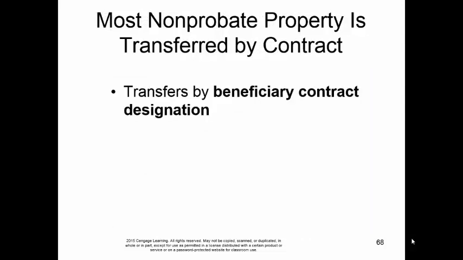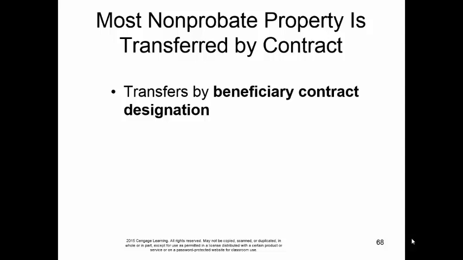So, transfers by beneficiary contract designation. Simply go and put your beneficiary's name down. A lot of brokerage accounts allow you to do it online.